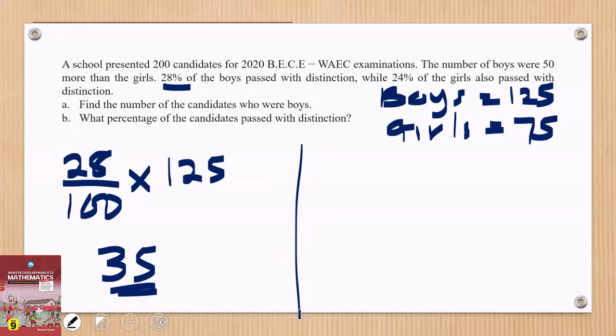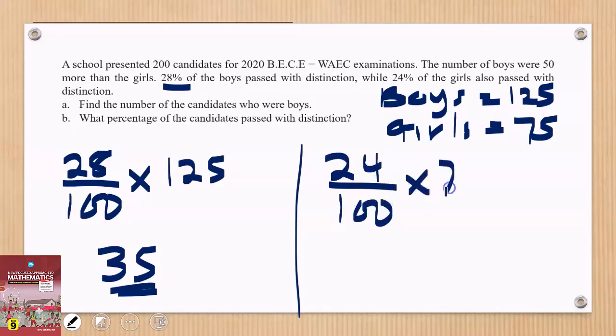Again, if you look at the girls, they said 24% of the girls also passed with distinction. So 24 over 100 times 75. That one too, if you do your simple calculation, you get 18 girls also passing with distinction.